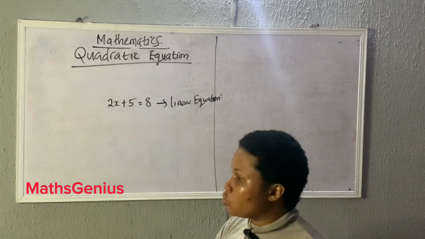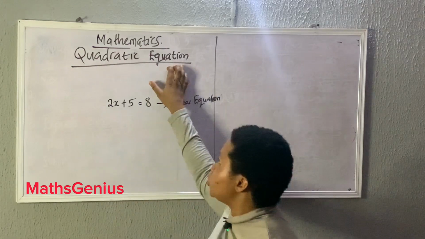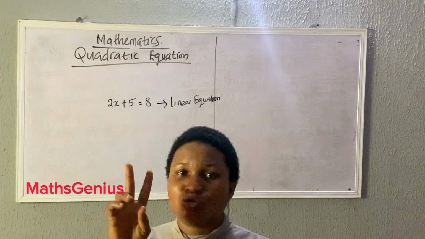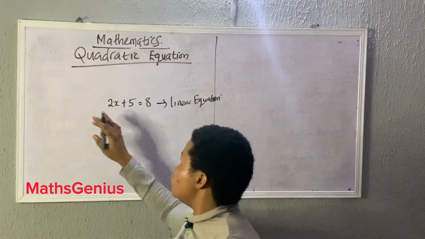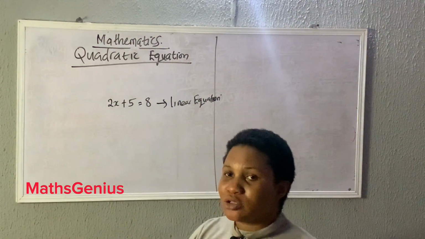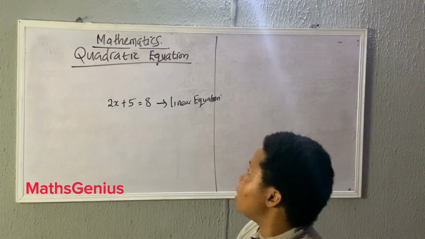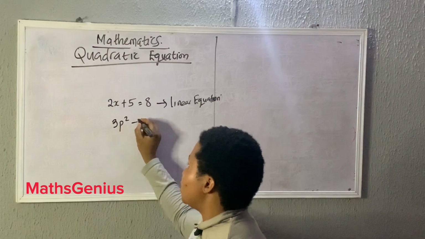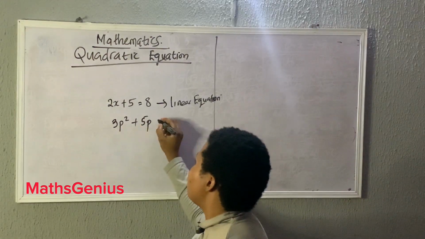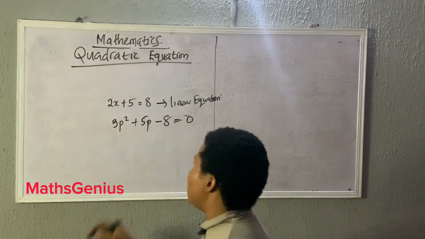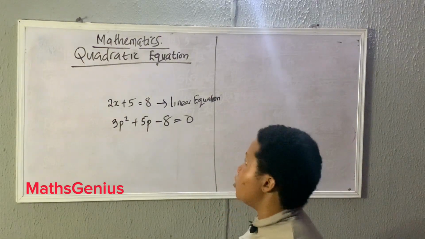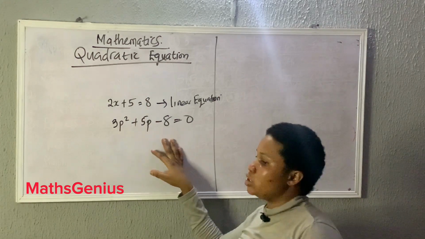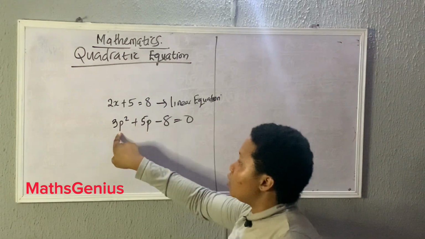Now for quadratic equation, a quadratic equation is any equation that has the power of the unknown to be 2. When the power of the unknown is 2 and is equated to 0, then it is called a quadratic equation. For example, we have 3p squared plus 5p minus 8 equals 0.